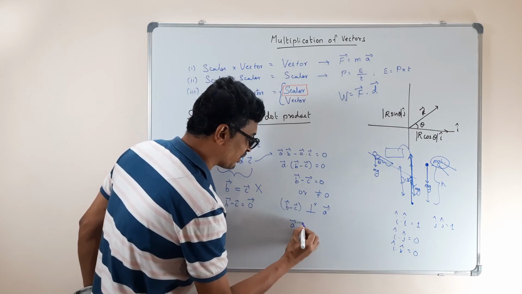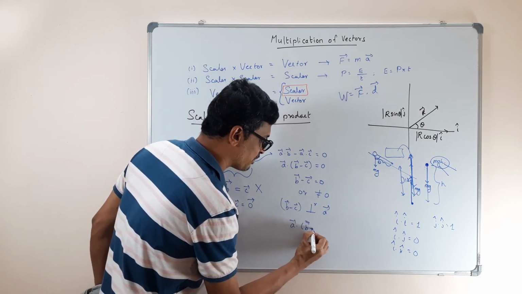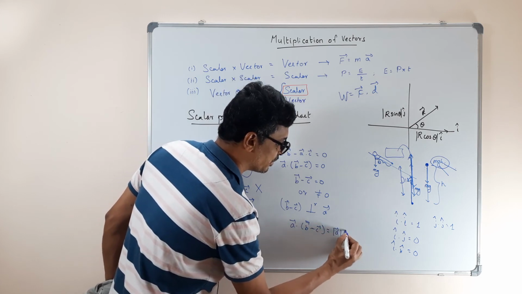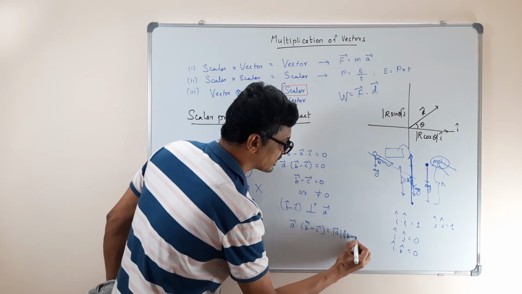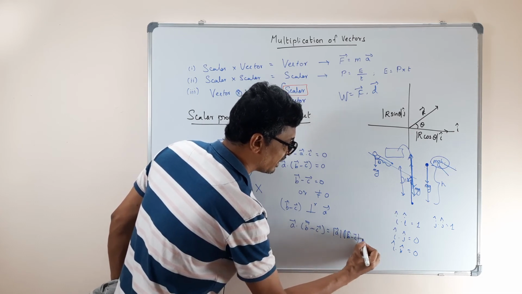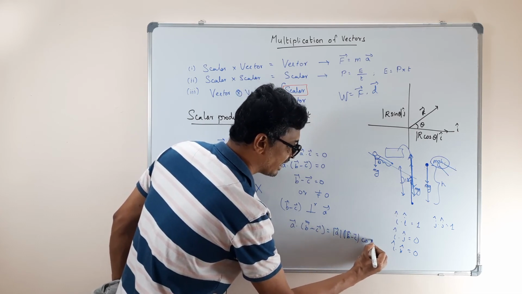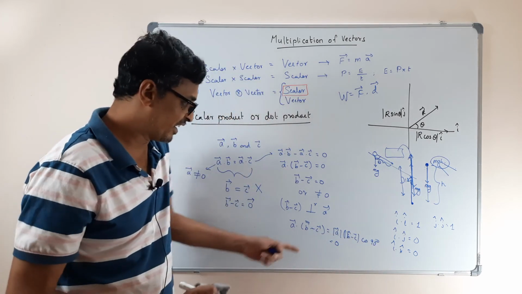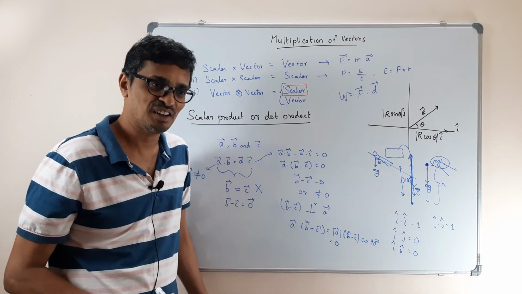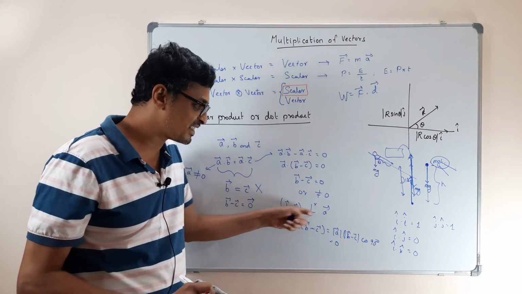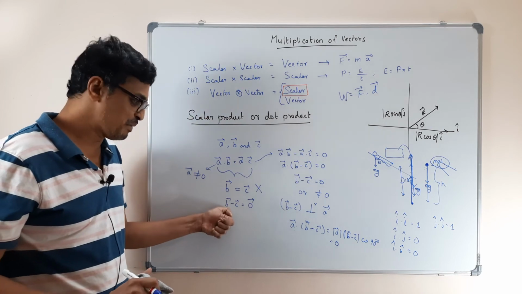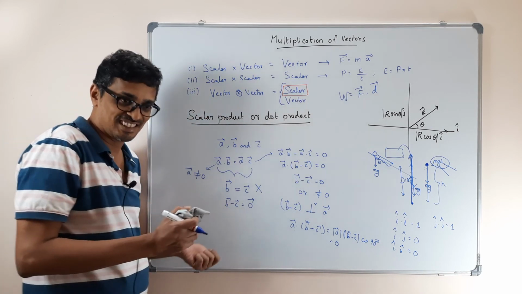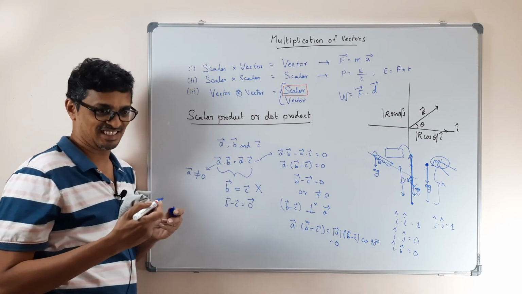A vector dot B minus C vector will be A vector into B minus C vector into cos 90 degree. That is equal to 0. But we never said B minus C is equal to 0. So B minus C is not necessarily equal to 0. That means B and C are not necessarily equal vectors. They can be unequal vectors.